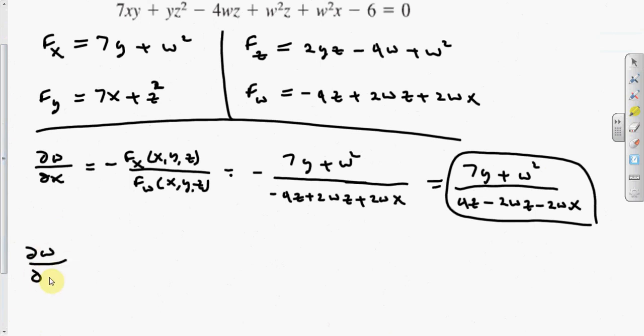Partial of w with respect to y, just negative f sub y of x, y, z over f sub w of x, y, z. I factor out a negative from downstairs. So it's negative divided by negative.